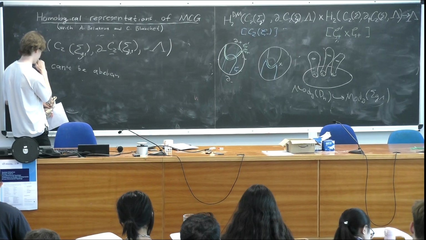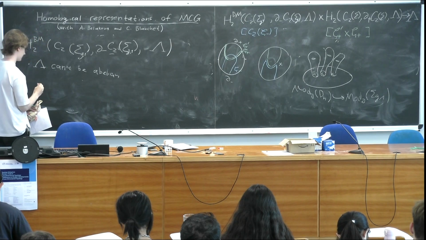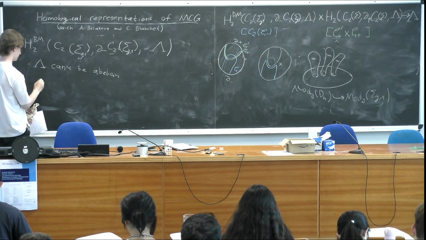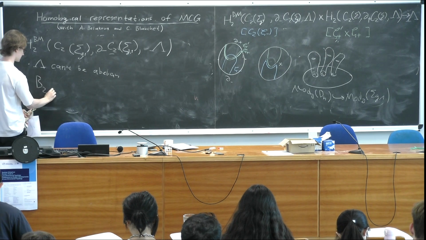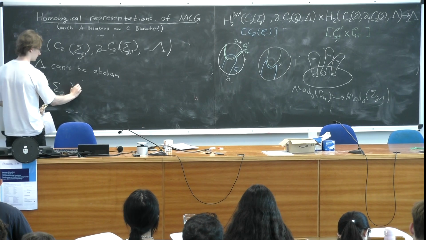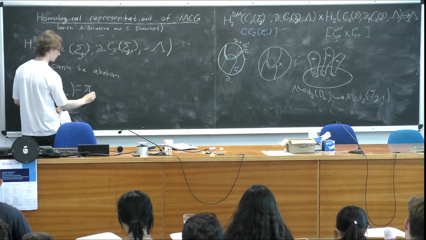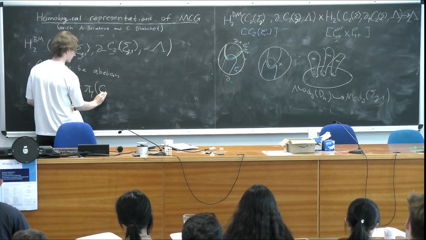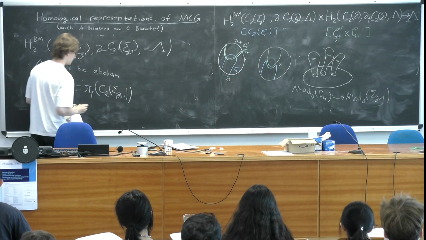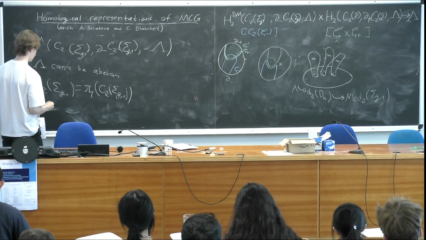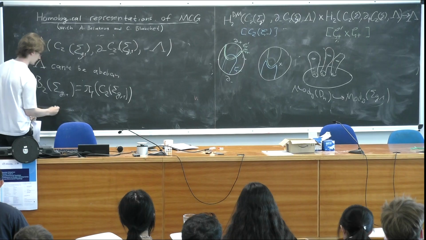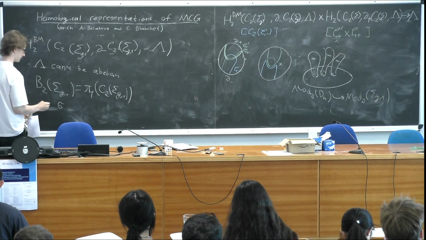So maybe in the surface braid group, which is just the fundamental group of the configuration space, I have a canonical element, which I will call sigma.